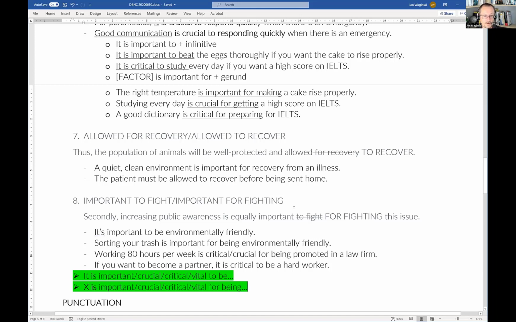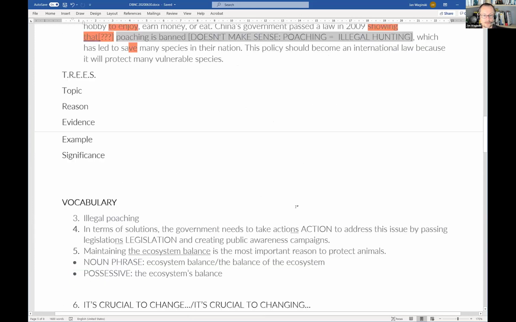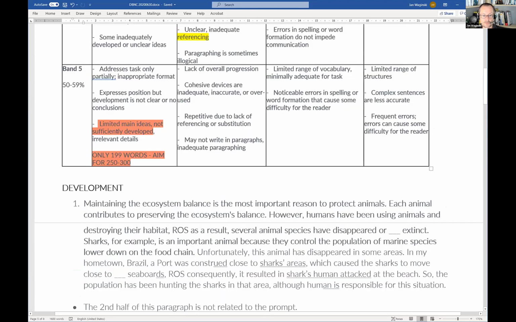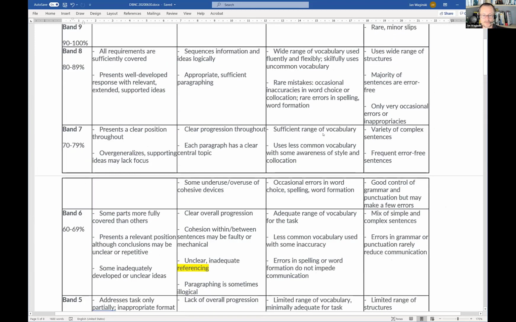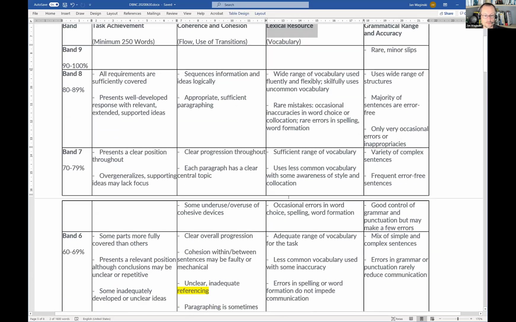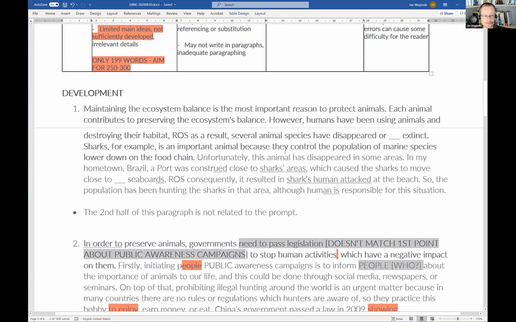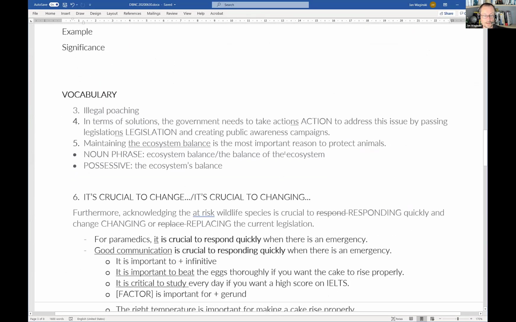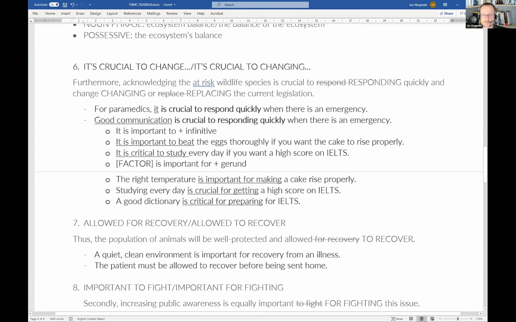All right, so that is the first three categories. We talked about task achievement, coherence cohesion, lexical resource, which is a fancy word for vocab, and now let's move on to grammar. Grammar by far causes the most trouble. And in some cases, grammar and vocab are like this, and you can't really separate them.